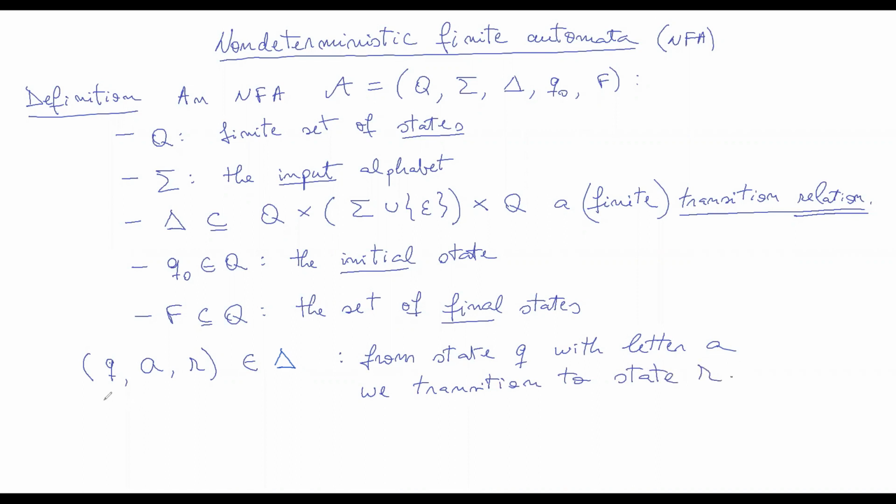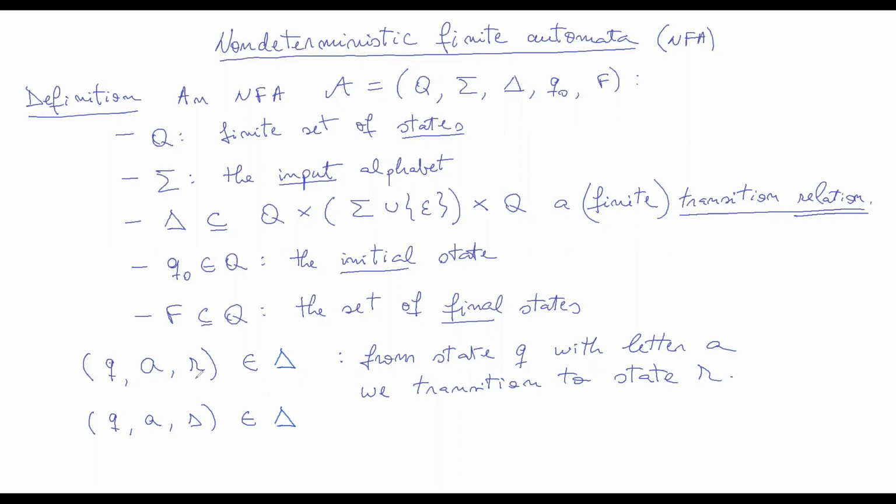And obviously we might also have for state Q and letter A also a different possibility. This is allowed, and that's essentially the difference between having a function and a relation. If we had a function like we had in the deterministic part, for Q and A there would be a single possibility for what's on the third component.